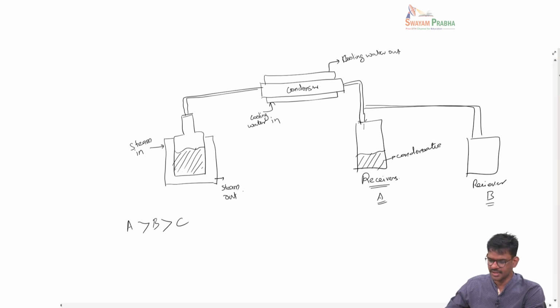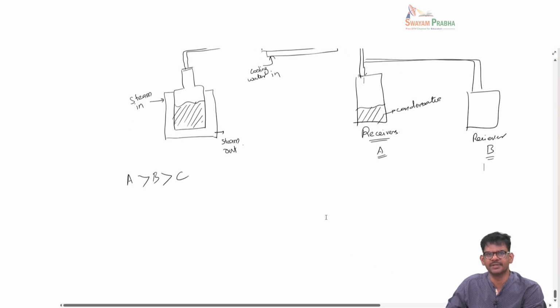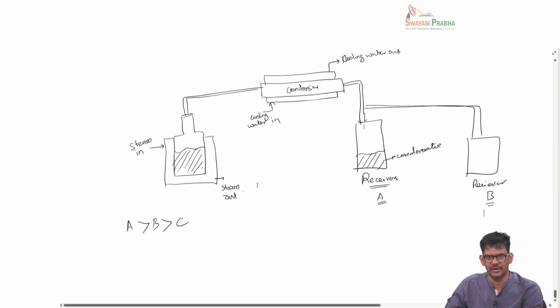So now having looked at this particular schematic, we will set up a mathematical formulation or modeling to understand how we operate this batch distillation.